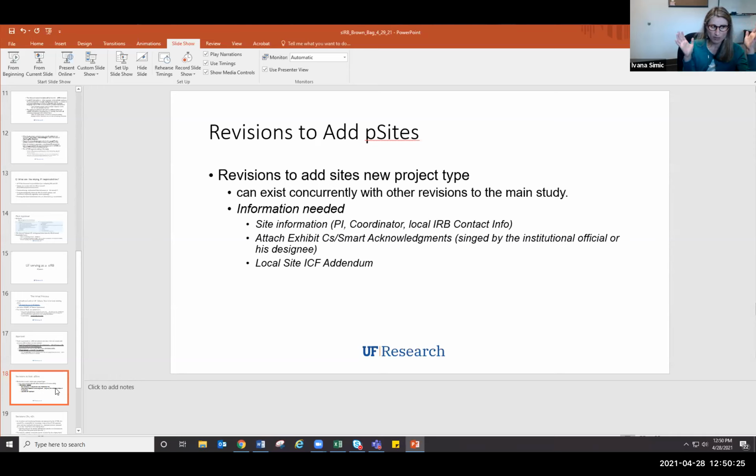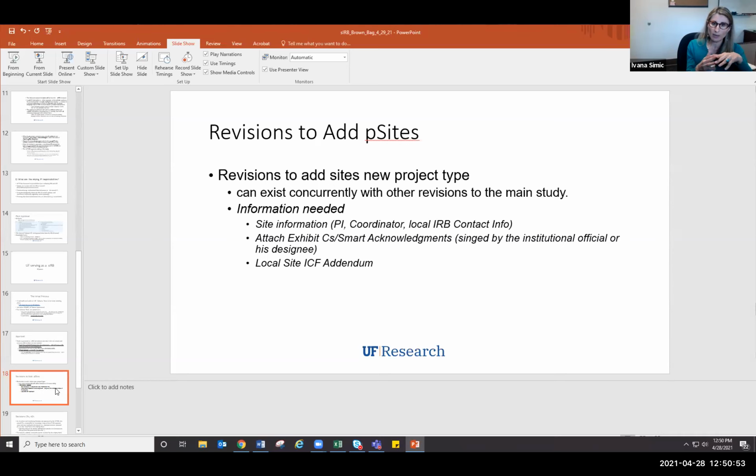It's a really rudimentary path that allows you to give us site information such as the PI name, coordinator name and contact information, and the local IRB contact information, namely the relying IRB's contact information. And they're able to attach Exhibit C, or Smart Acknowledgement document, along with the informed consent addendum. That's it. That's all there is to that project type.